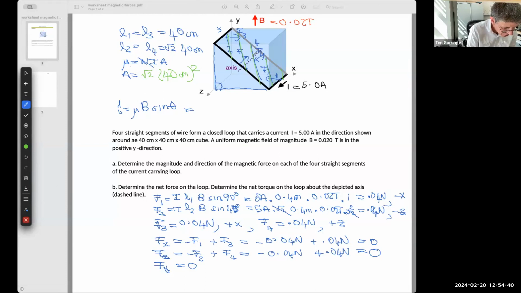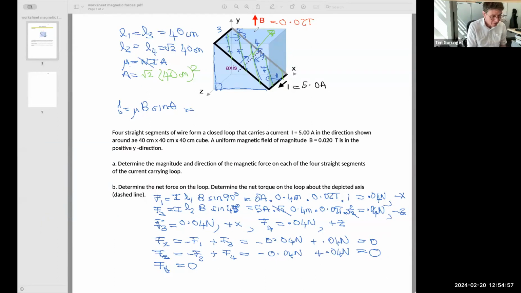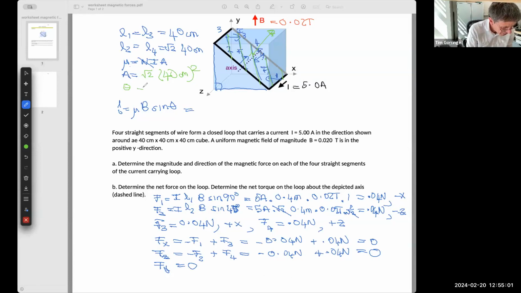And then the direction of the area vector is at right angles to the face of the loop. That's our rule for drawing the direction. So there's a right angle in here, and it's pointing upwards and towards the right. It's actually at 45 degrees to the vertical. The other piece of information is theta, the angle between the magnetic field and the area vector.